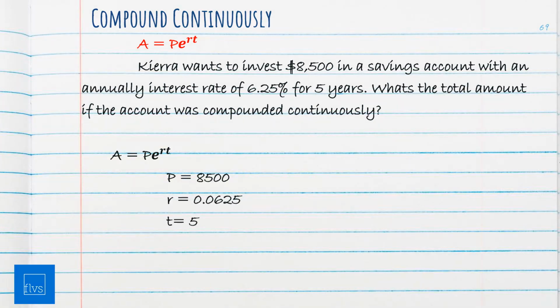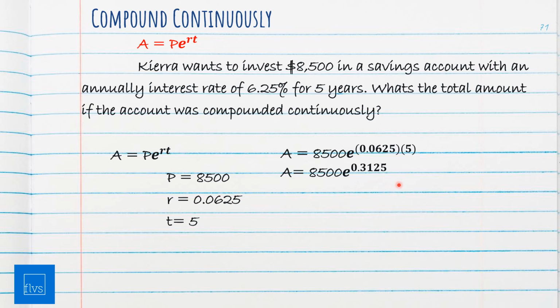So P is 8,500, R is 0.0625, T is 5. So you can see here, 8,500 times E. We don't plug in anything for E. Then the power is RT, 0.0625 times T. We're going to multiply those two. So 8,500 times E to the power of 0.3125.